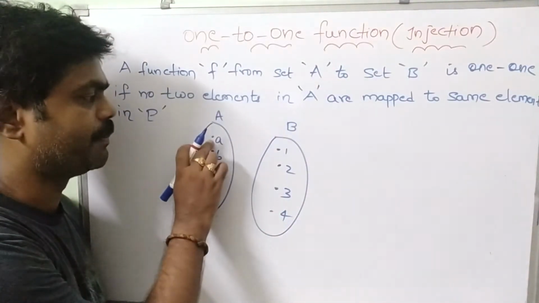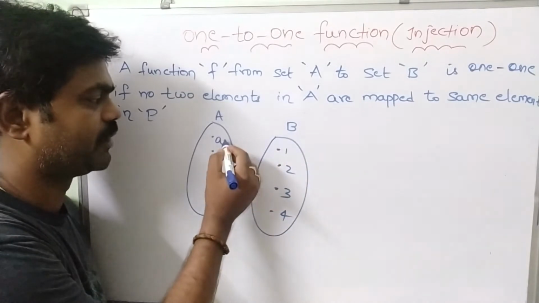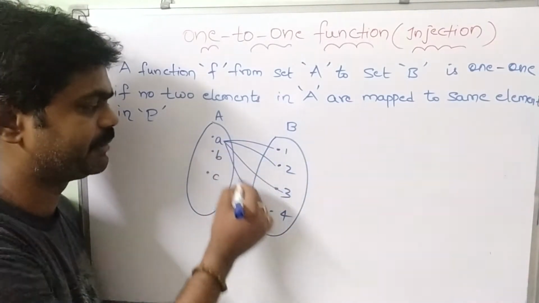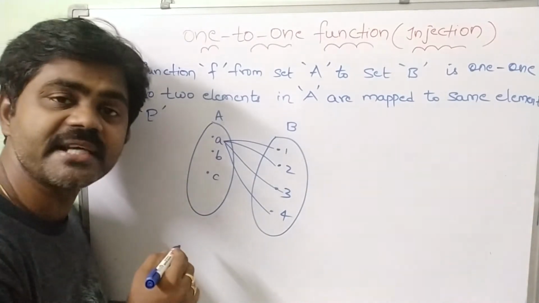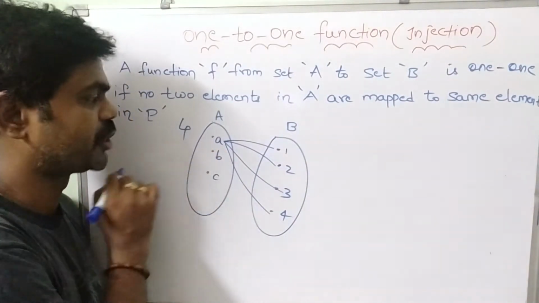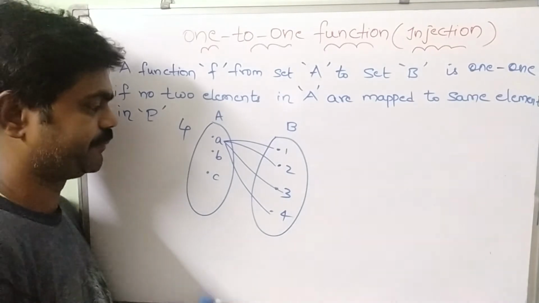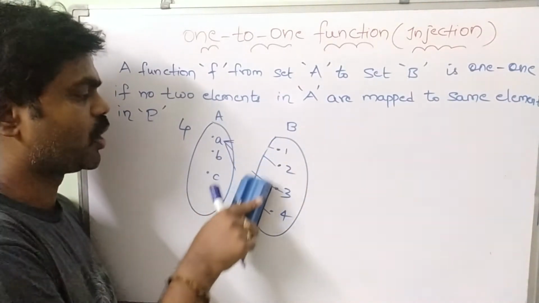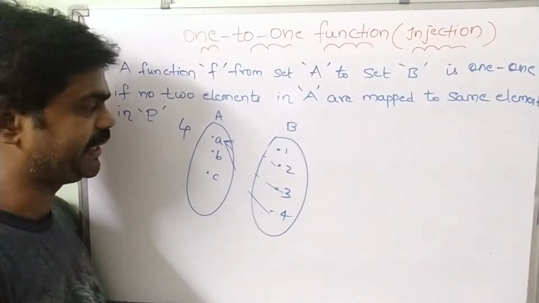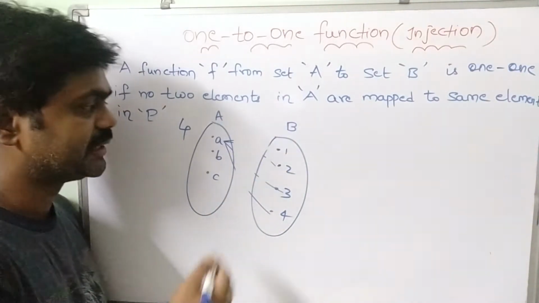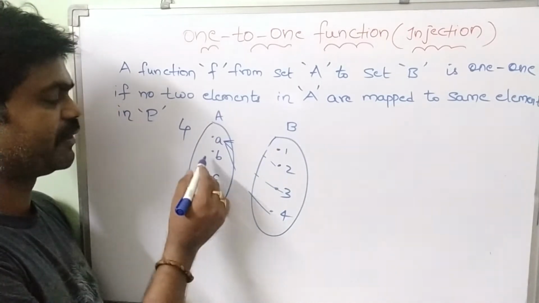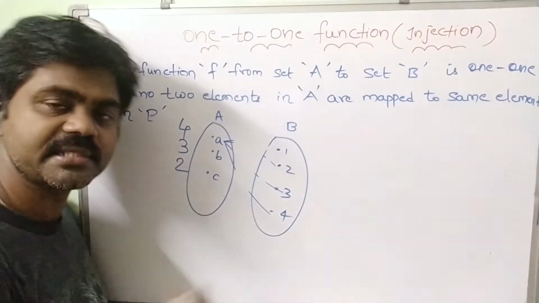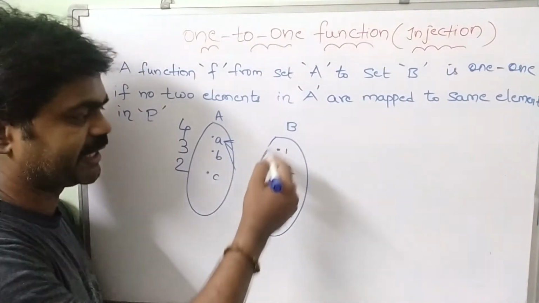In order for a to map, a can be mapped with 1, a can be mapped with 2, a can be mapped with 3, a can be mapped with 4. So how many choices are there for a? 4 choices. Now a is completed. Now how many choices are left for b? a is mapped with 1. Now for b there are 3 choices. For c there are 2 choices. For a to map there are 4 choices.